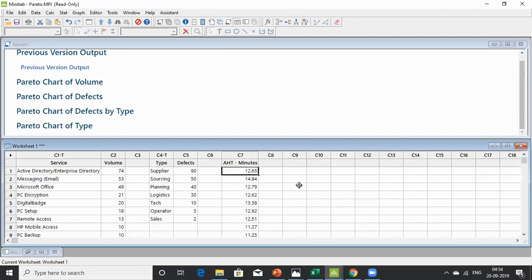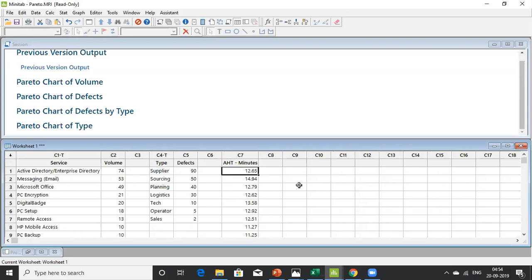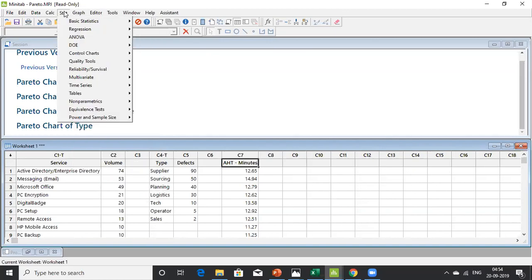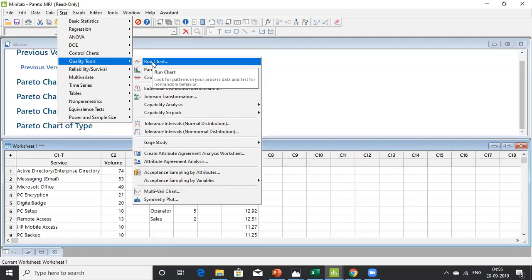So you'll see 12.65 minutes, 14.94, 12.79, and it's a huge data set, right? And this data is collected over a period of time, let's say for a year. I want to see if this data is stable or not. So what I do is go to Start, Quality Tools, and I check the run chart.